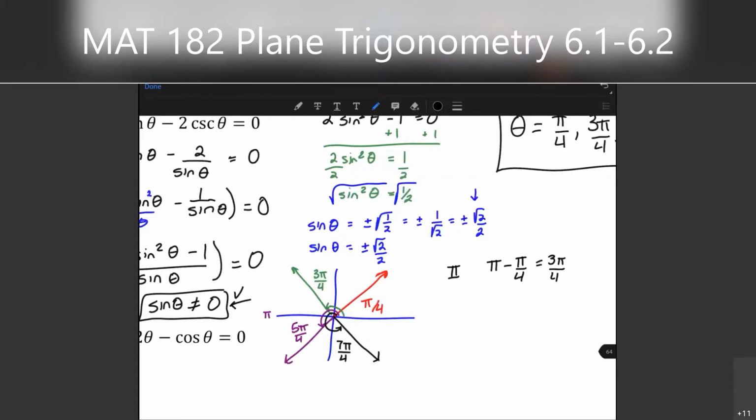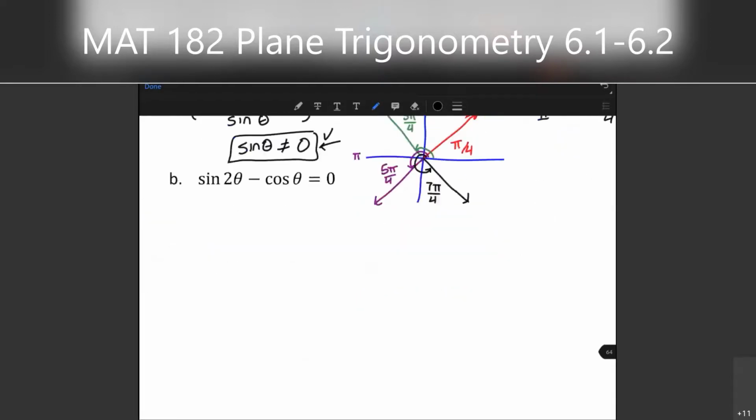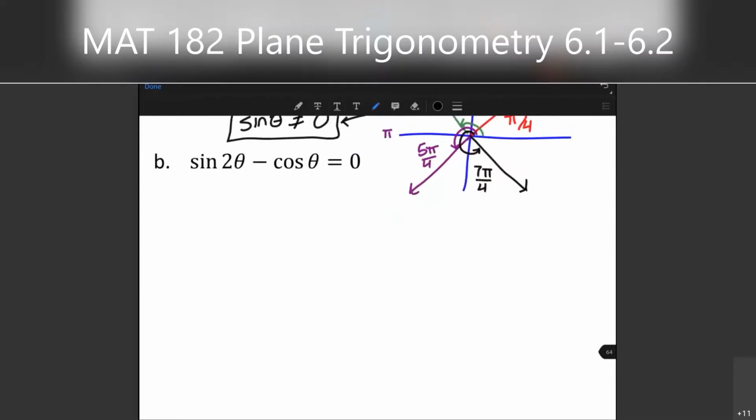All right, so let's take a look. The next one we're going to do involves a double angle formula. So we're going to review how to work with double angles, and hopefully we can recall that. We have sine 2 theta minus cosine theta equals 0.